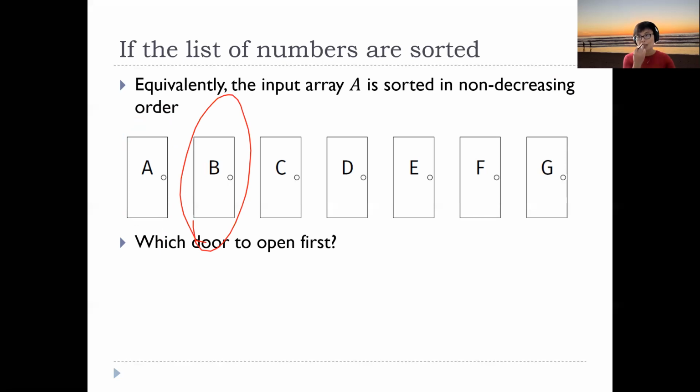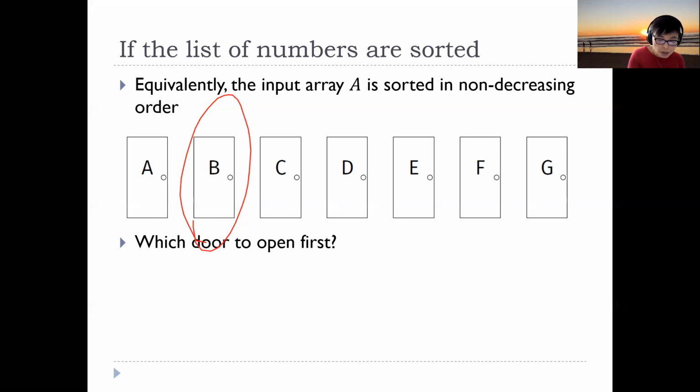Isn't that better? Well, the question is that when you're given the key to search, you don't know which side it's going to fall on. So in the worst case, you want to eliminate as many doors as possible, and the best choice for that is to pick the middle one. In the worst case, whichever side, left or right, the number you're looking for falls in, you're going to eliminate half of the doors.